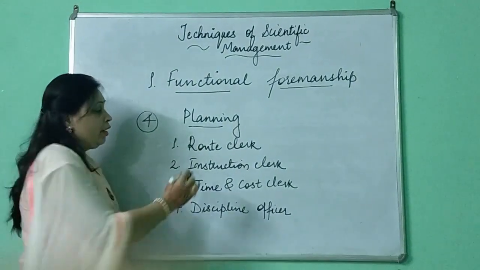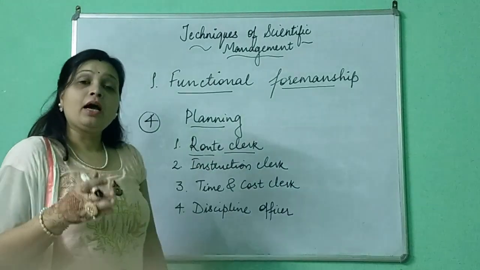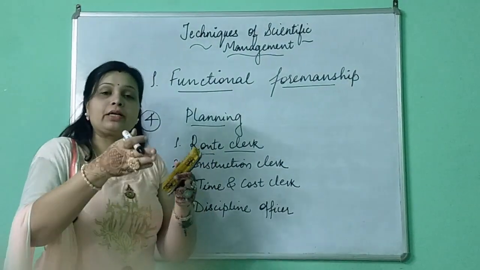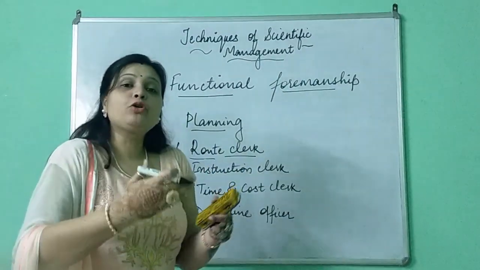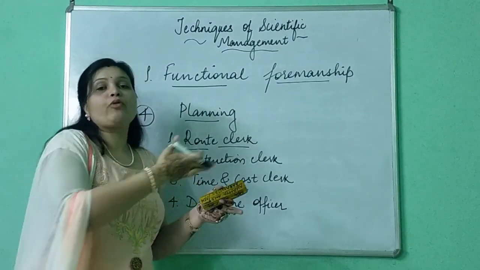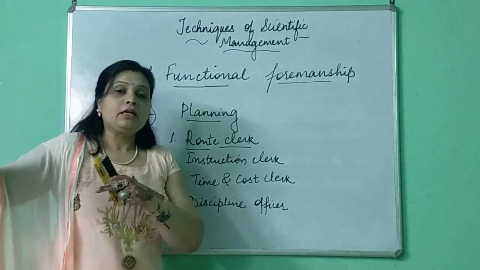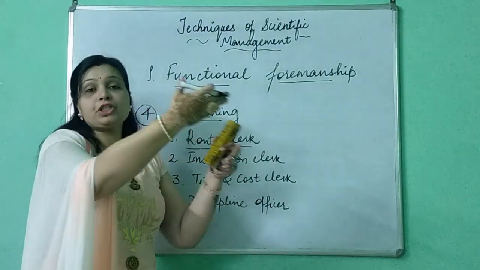Route clerk. What do you mean by route? Route means the way of doing a job. For example, if I ask, how will you move from Jind to Delhi? You will say we will go via Rohtak, or we will go via Gohana and Sonipat. You will show the route through which you will reach Delhi.